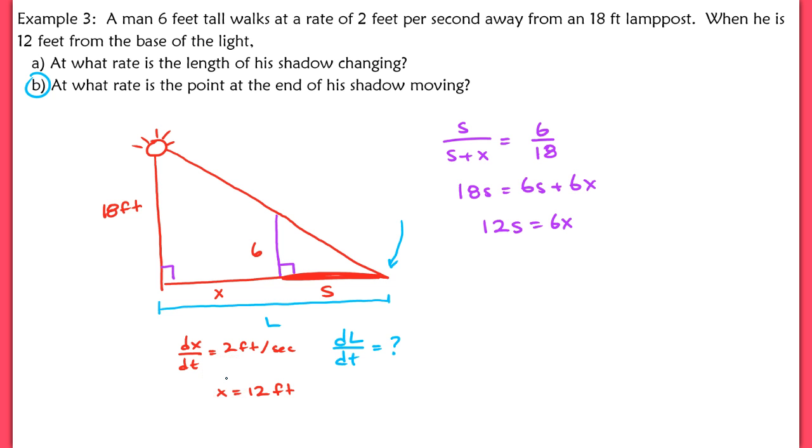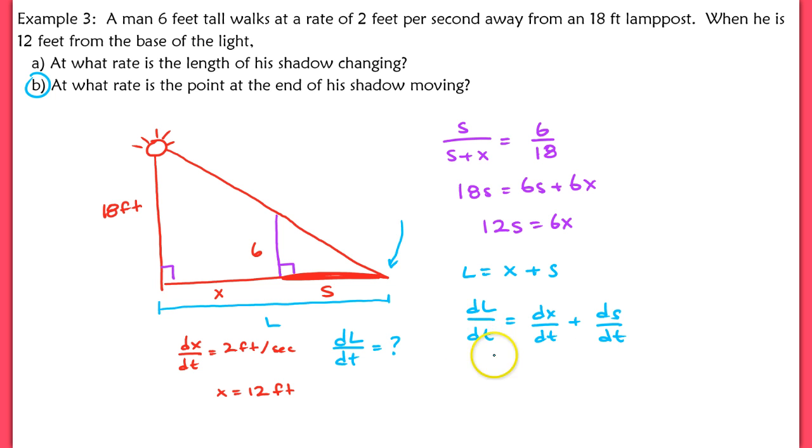Now, if we're going to relate our variables using our diagram, it's really simple here. L is equal to x plus s, right? We don't even need to use any similar triangles here. If we differentiate this equation, that gives me dL/dt, and over on the other side, dx/dt plus ds/dt.